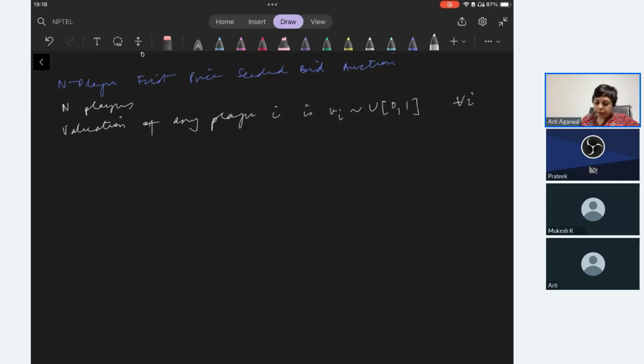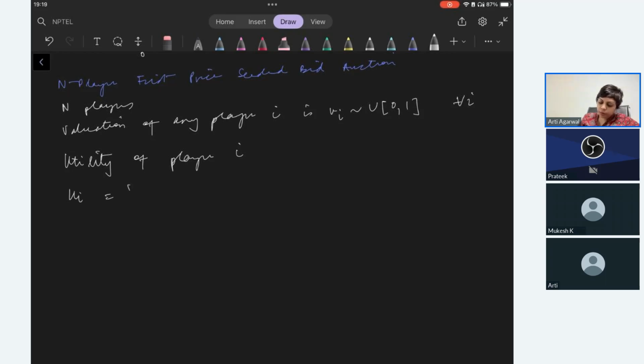So let's write the utility of player i. Okay, there are n number of players. Now I am the ith player, that means the remaining players are n minus 1 in number. So if I'm writing the utility of any player i, this is without loss of generality because I'm writing for the most general case.